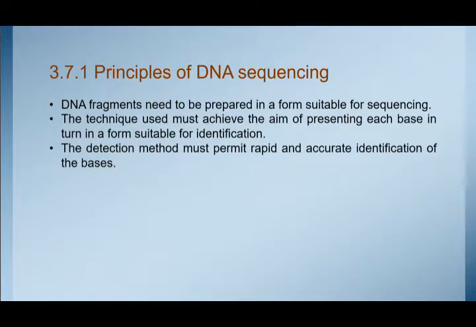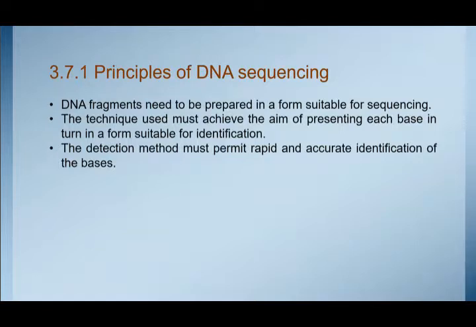Principles of DNA sequencing. By definition, the determination of a DNA sequence requires that the bases are identified in a sequential technique that enables the processive identification of each base in turn. There are three main requirements for this to be achieved.